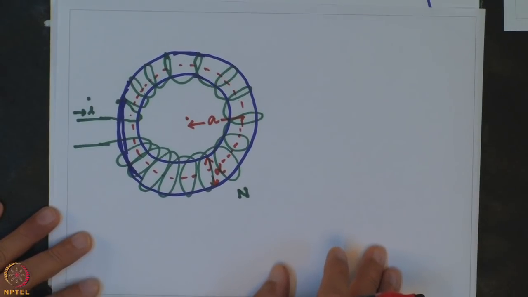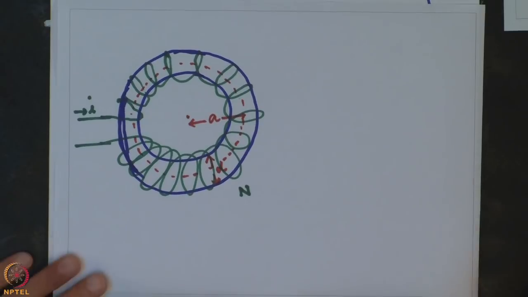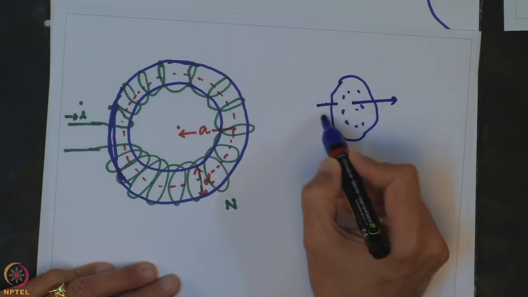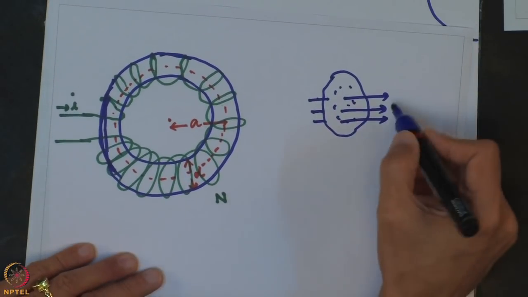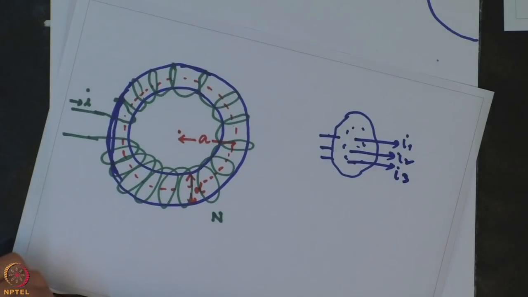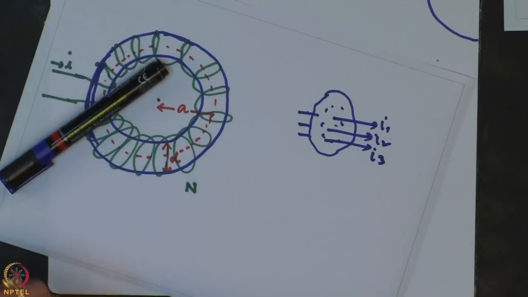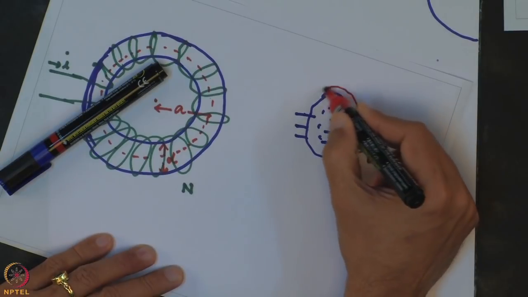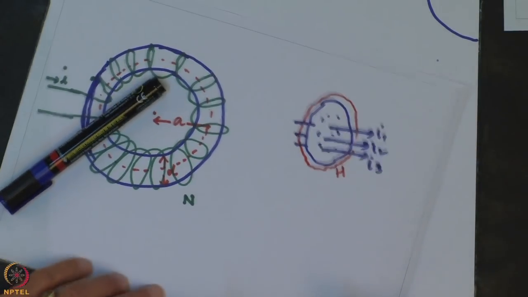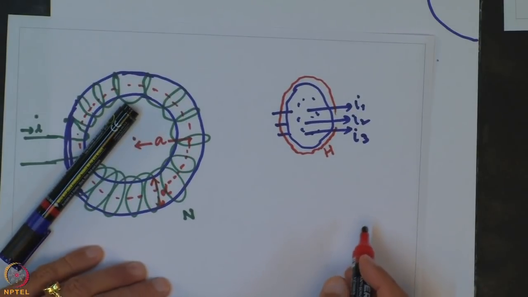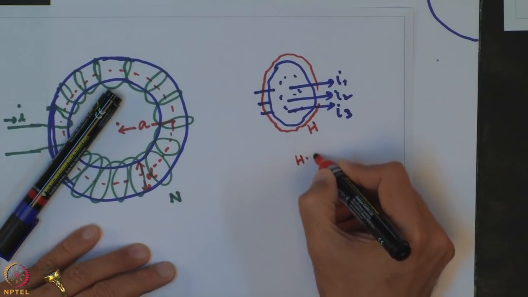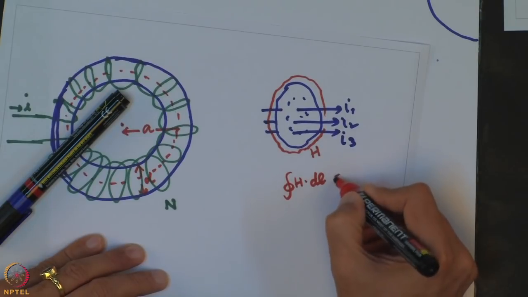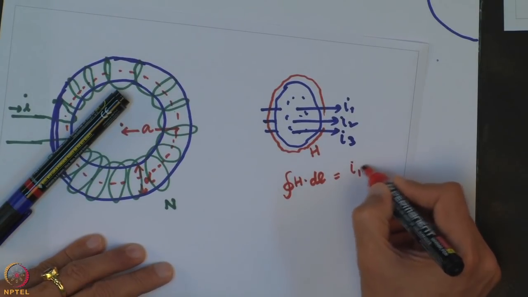Now, if we apply Ampere's circuital law, which says that if there is a surface and there are currents I1, I2, I3 passing through the surface, then if I take the line integral of H, the magnetic field intensity, across this closed path which encompasses these currents, then the line integral of H dot dl over this path would be equal to the sum of all these currents which are enclosed by it.